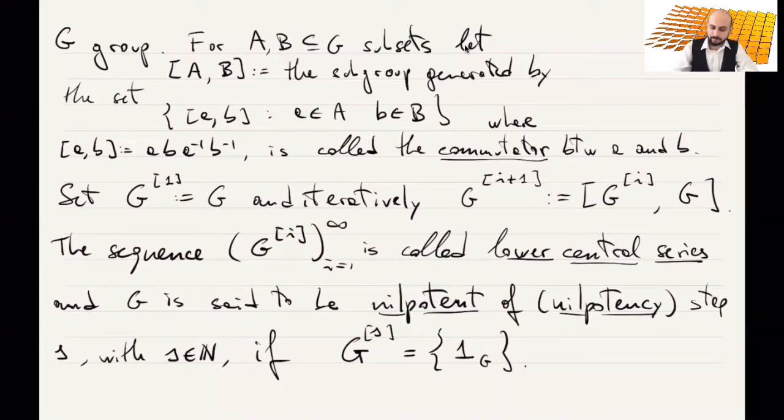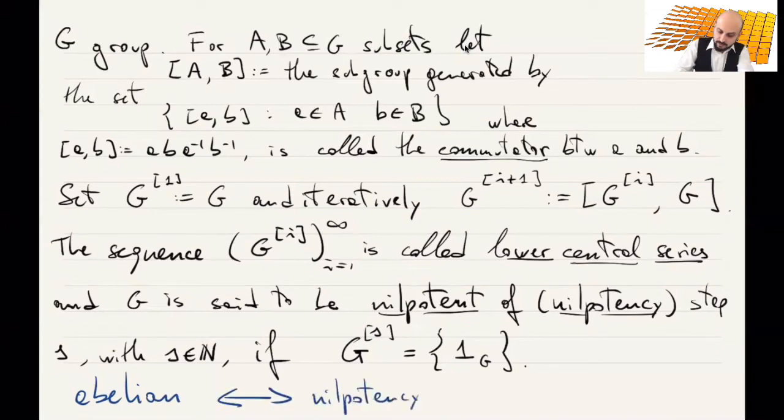Now, to remember this, let me check if it is S or S plus 1, just the terminology, because what we want is that an abelian group will be the same as nilpotency step equal to 1. Okay, so we don't want S, but here we want S plus 1.